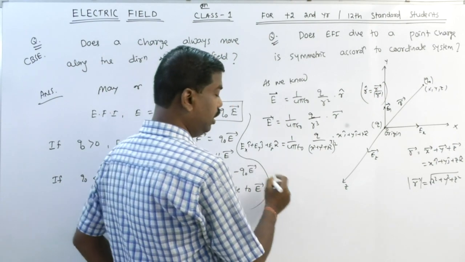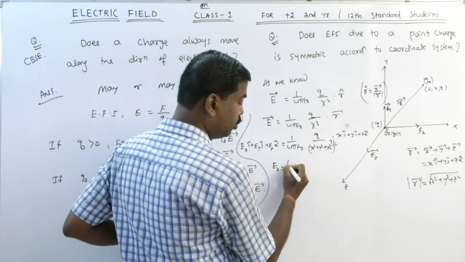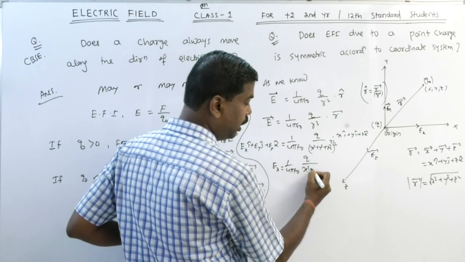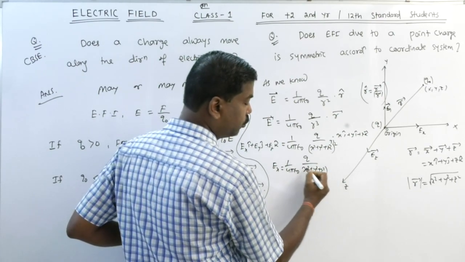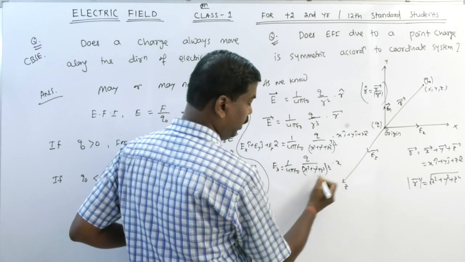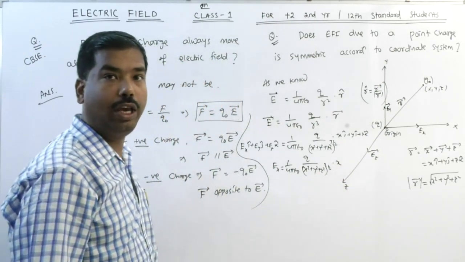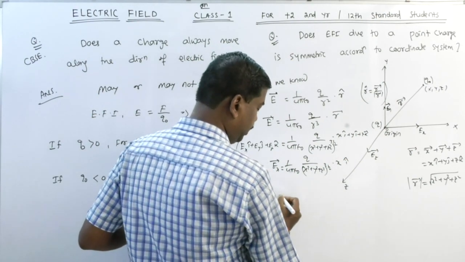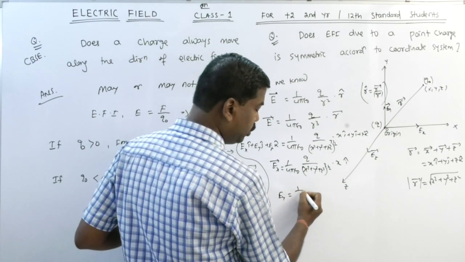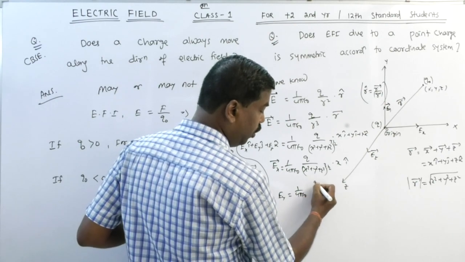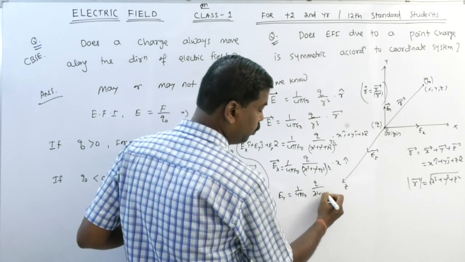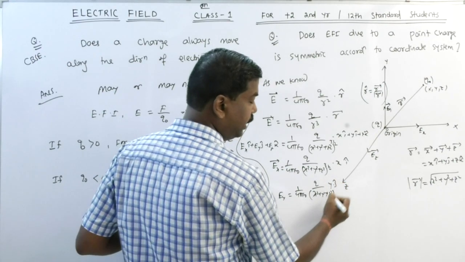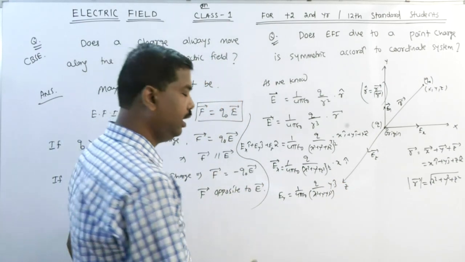So I can put Ex is equal to 1 by 4 pi epsilon 0 q by x square plus y square plus z square power 3 by 2 into x i cap. Similarly, Ey is equal to 1 by 4 pi epsilon 0 q by x square plus y square plus z square power 3 by 2 into y j cap, and similarly for z k cap also.